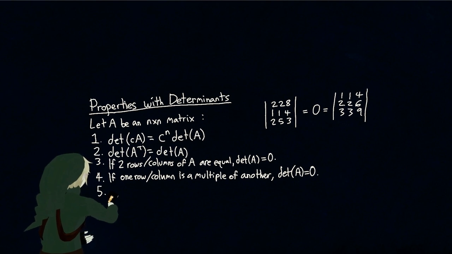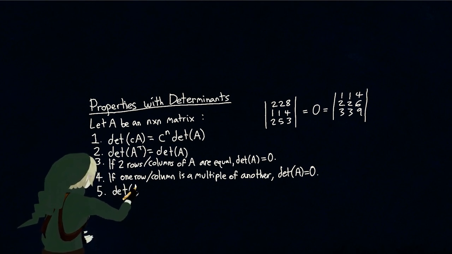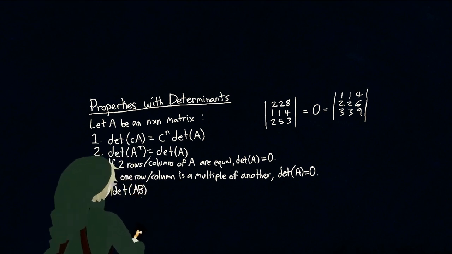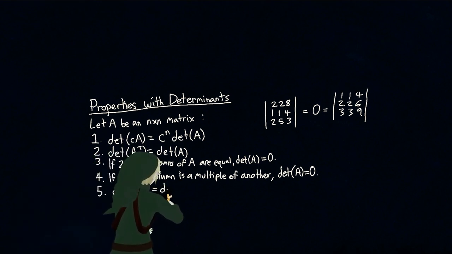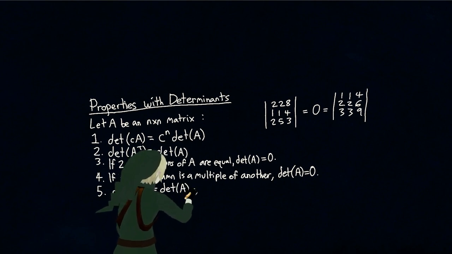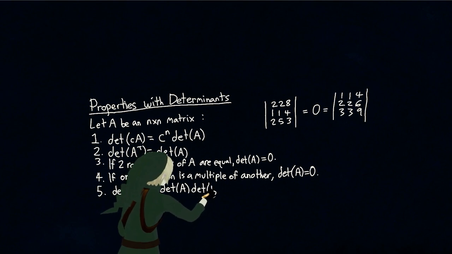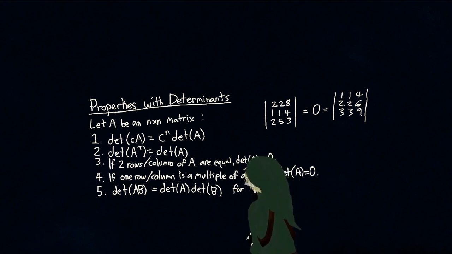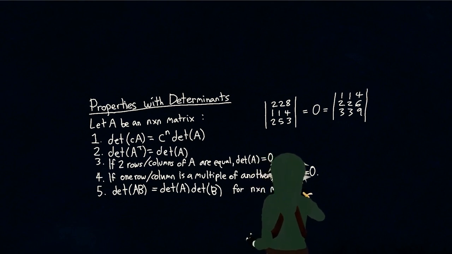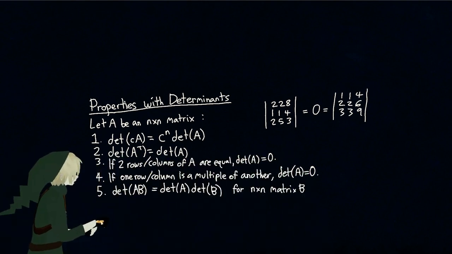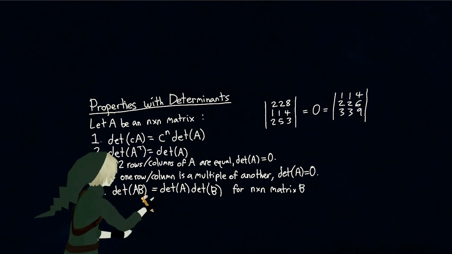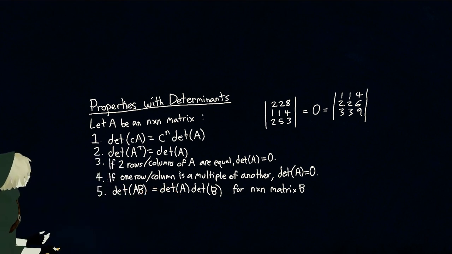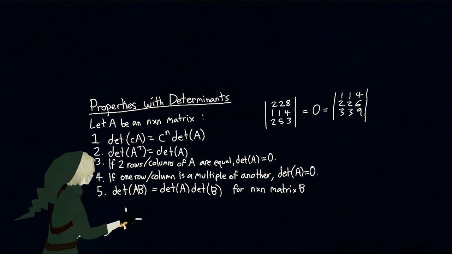For 2 square matrices A and B, the determinant of AB is equal to the determinant of A times the determinant of B. Okay, just to save you some time, for n by n matrix B. Okay, so whenever you need to compute the determinant of AB, this is equal to the determinant of A times the determinant of B. Okay, so you can technically factor it out like this.